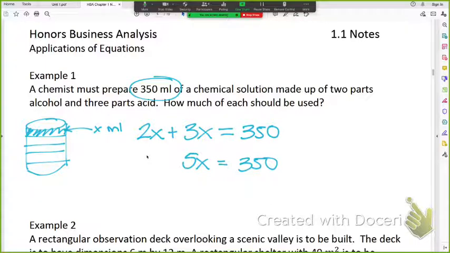Question? You can use X because it's alcohol and acid, so aren't those different things? They are different things. The key is that X is not representing alcohol or acid. It's representing how much one part is. So in this case, X is representing the number of milliliters of one part.